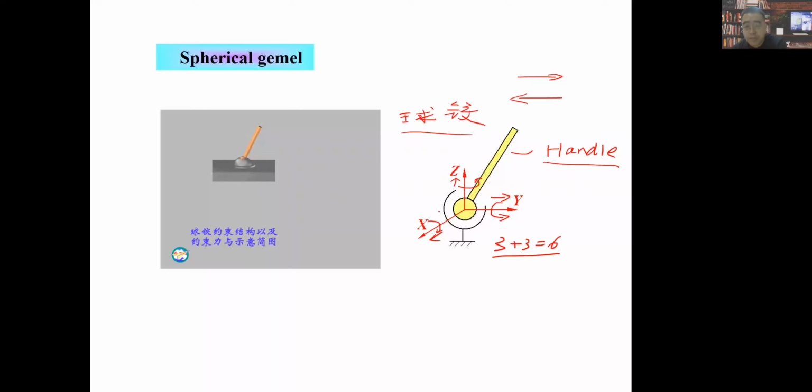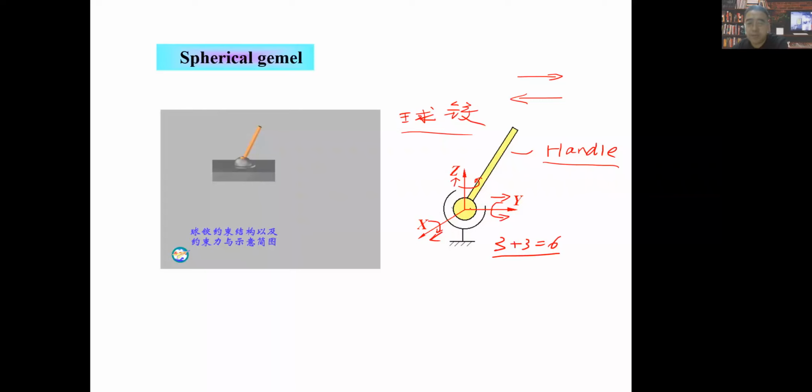So you can see these three rotations around X, Y, or Z can happen, but the three translational movements along X, Y, and Z are prevented, are controlled.